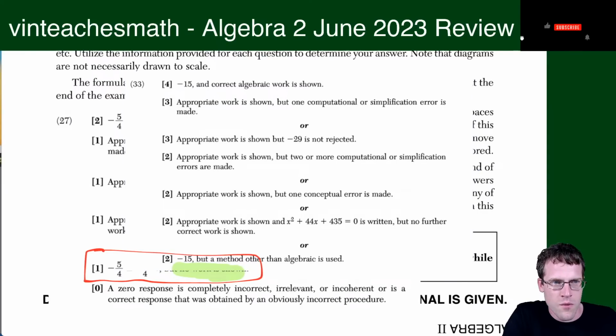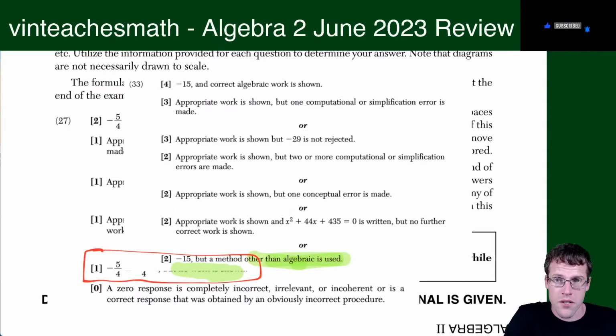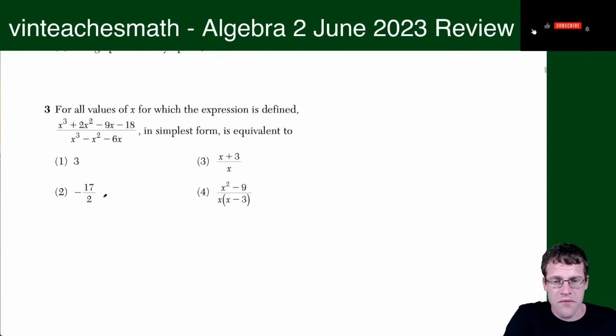Well, if you show work but use something other than algebra, you get half credit, 2 out of 4. That's a pretty fair deal. So if you get really good with the calculator, you'd be surprised how far that could carry you on the test.